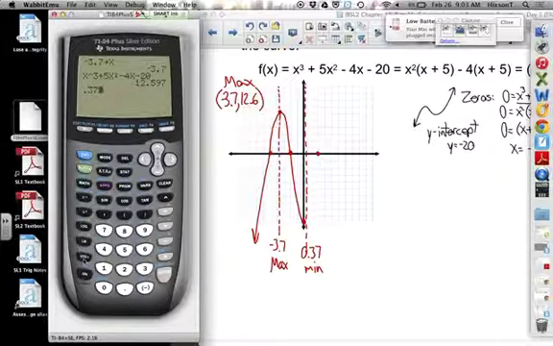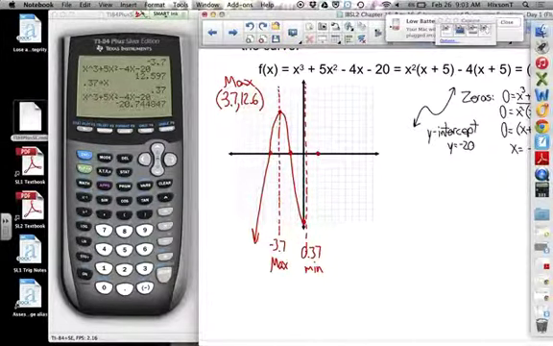If we store that in x, then we can go second entry to get back to where we typed out our original function: negative 20.7. Okay, so now we know that our min is at 0.37, negative 20.7.